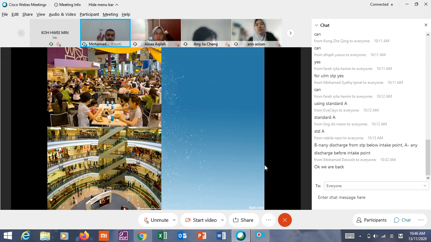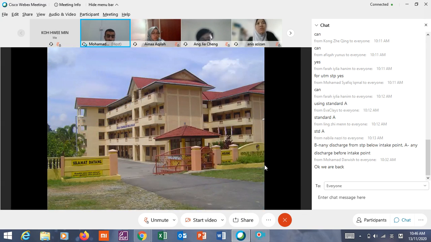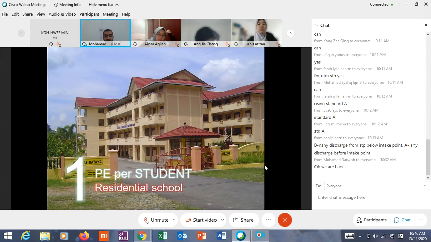So in that case, we can add together the water usage in the commercial building, together with the water usage in the houses, together with the water usage of the schools. We have 0.2 PE per student if it is a day school, and if it is a residential school, it is 1 per student. Okay, so it's different. Why?